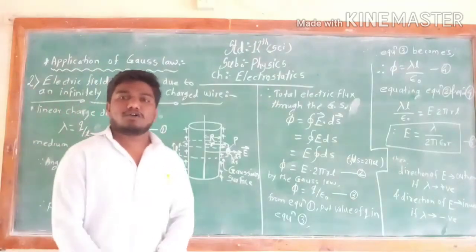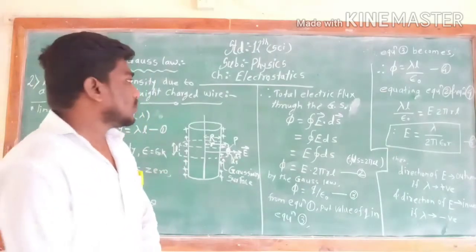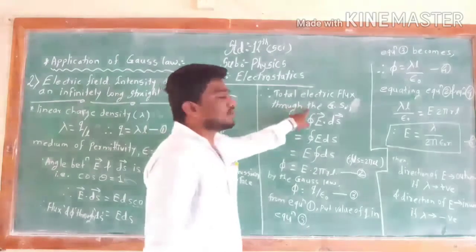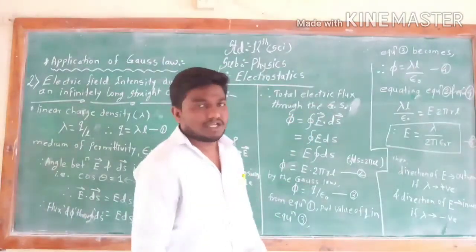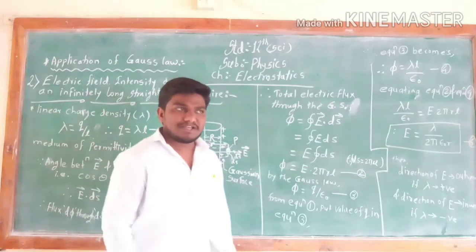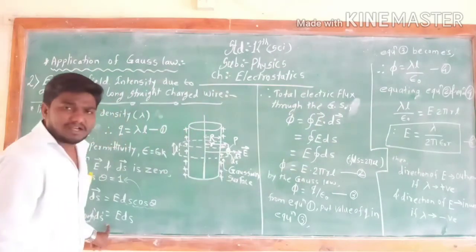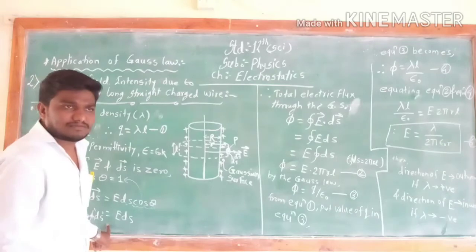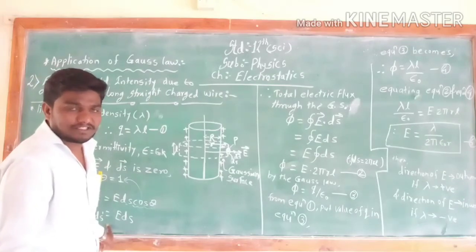From this equation, we find out the total electric flux through the Gaussian surface. Here we determine the small d phi, that is, the small electric flux.